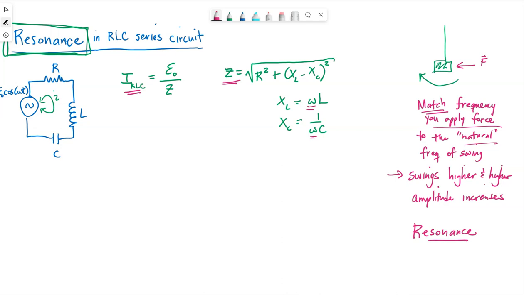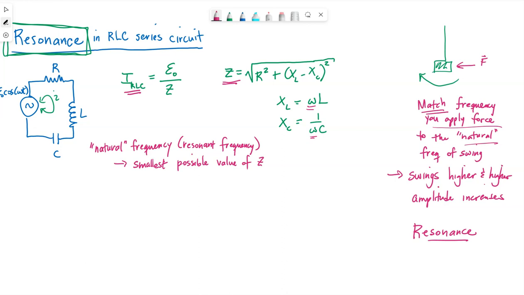So the natural frequency of an RLC circuit, also called the resonant frequency, is determined by the smallest possible value of Z. The current I is biggest when Z is smallest.